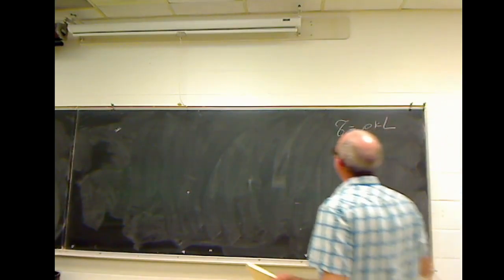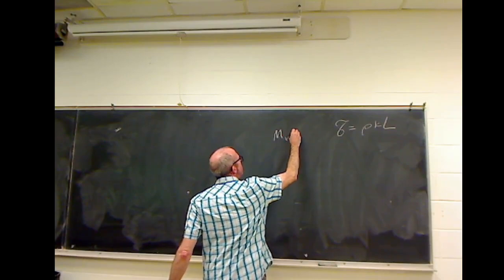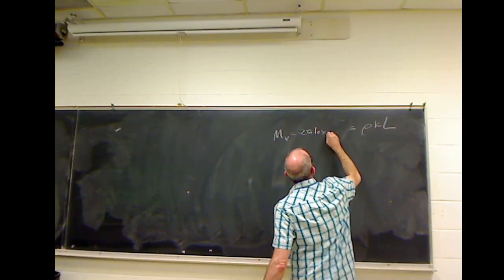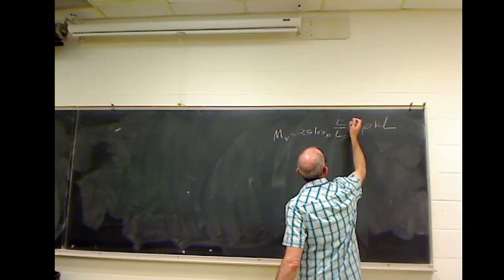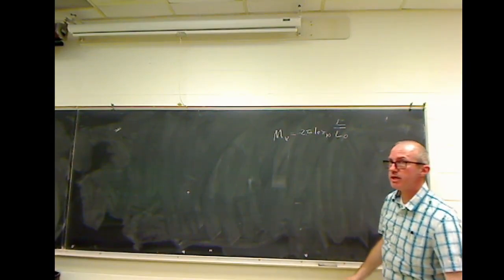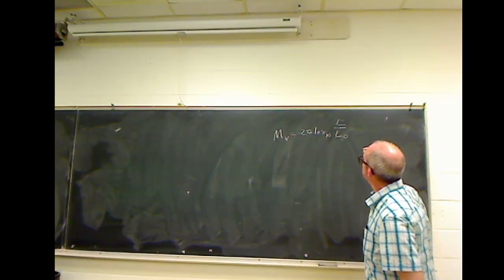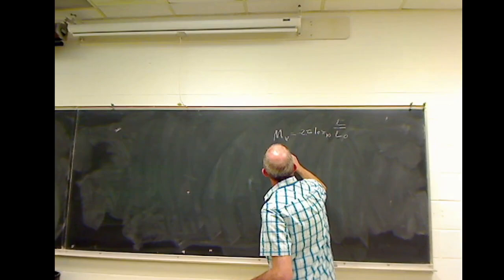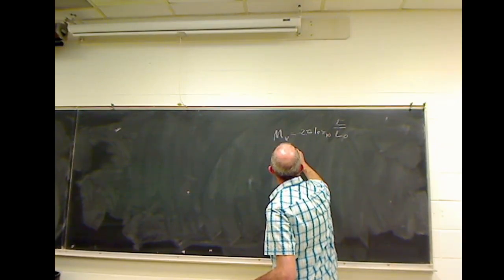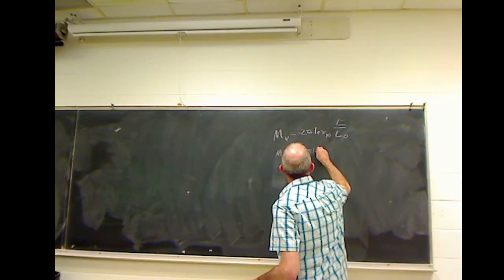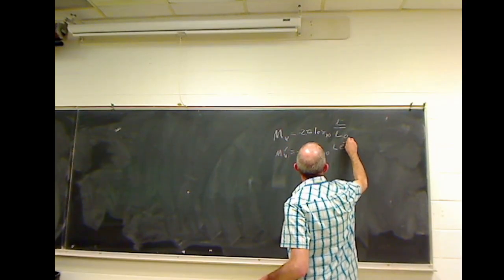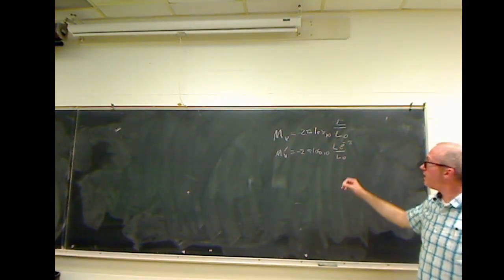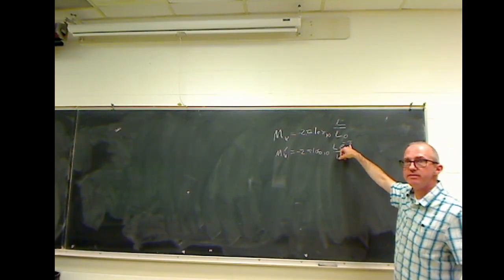So, M_V is minus 2.5 times log base 10 of the luminosity over the luminosity of a zero magnitude star, the fiducial luminosity. So if this star were actually at 10 parsecs, but there was a cloud in the way, we would get M_V prime equals minus 2.5 log base 10 of L times e to the minus tau over L naught, because then I've got tau's worth of stuff in the way.